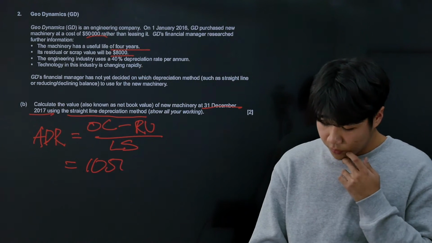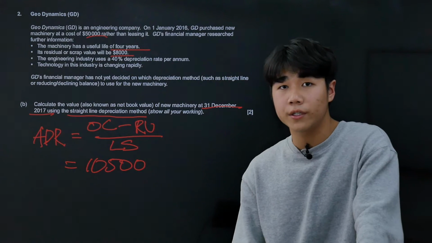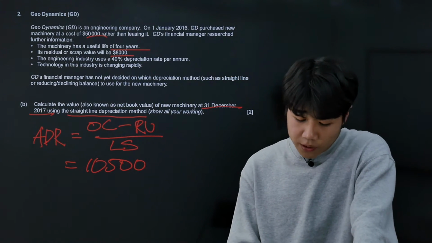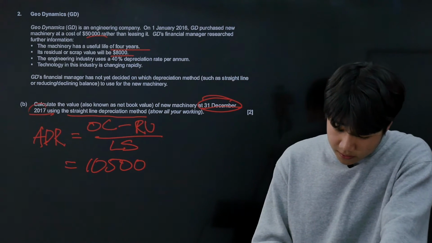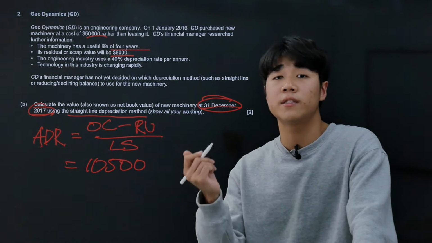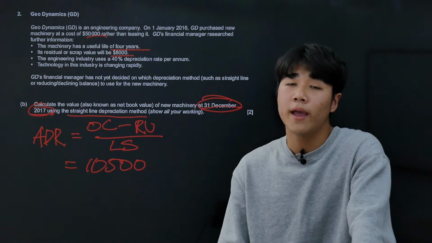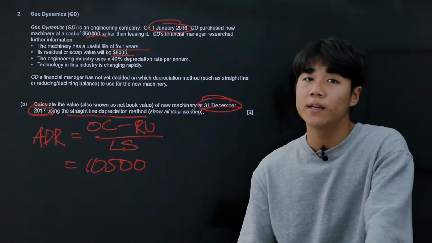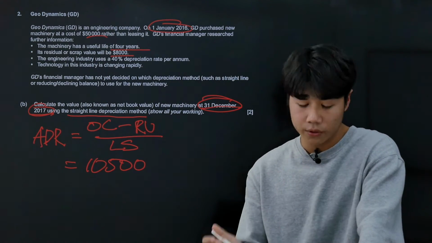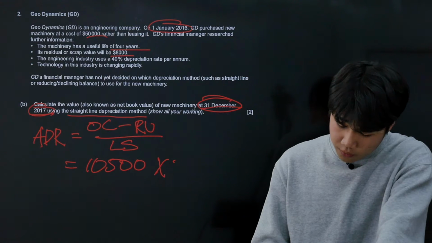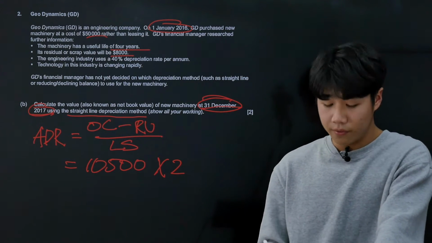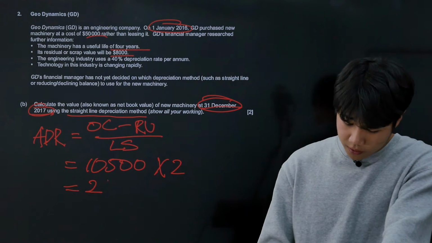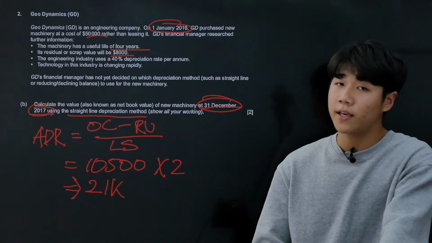It's going to give you 10,500. But we know that the end date of this calculation is December 2017 and the purchase date is 1st of January 2016. That's full 2 years. So what you have to do is just multiply it by 2. Then you get the value of 21K.